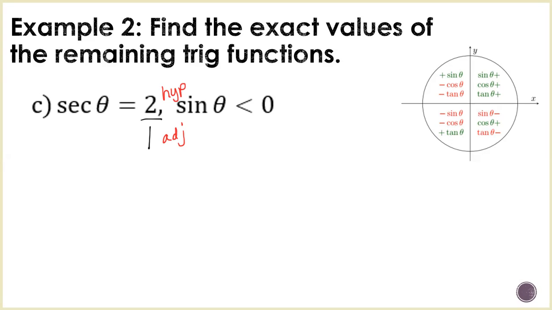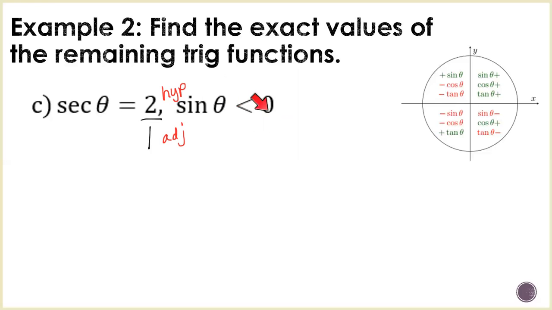Remember, every number can be written as a fraction over 1. So the hypotenuse is 2, the adjacent side is 1. So secant and its sister cosine, they're positive. And again, sine is less than 0.